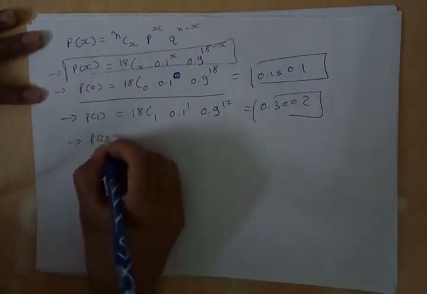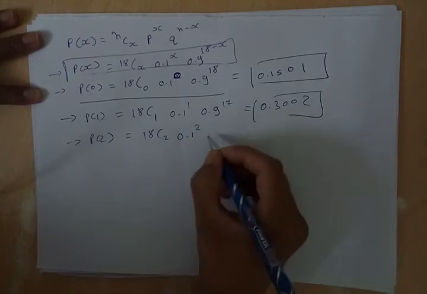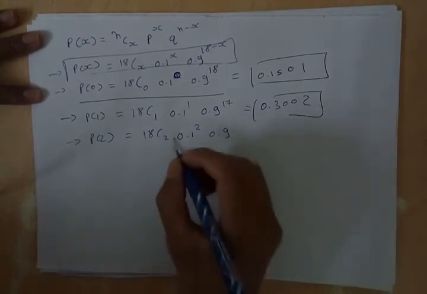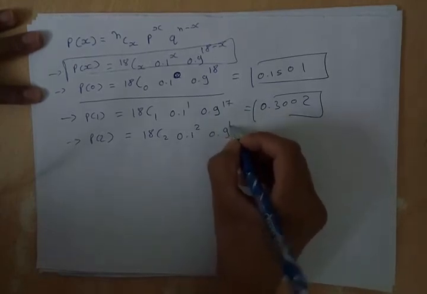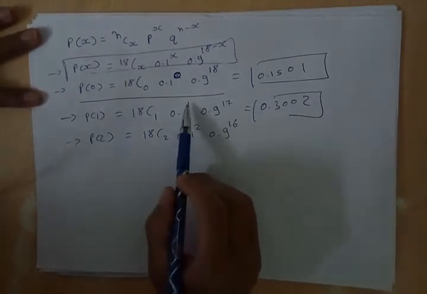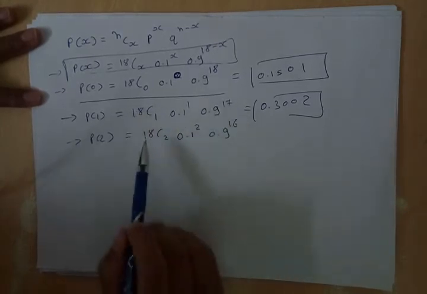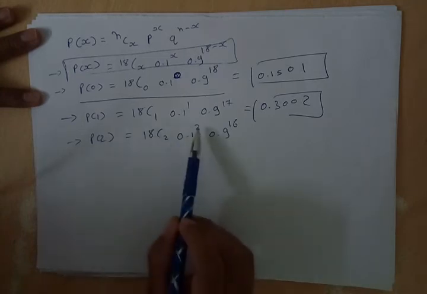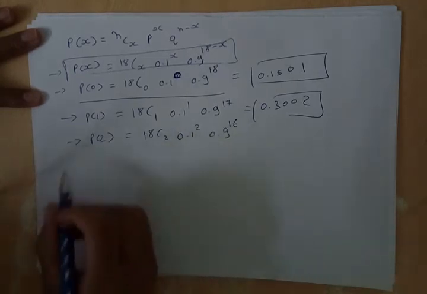Similarly, P of 2 is equal to 18C2, 0.1 raised to 2, 0.9 raised to 18 minus 2, which is 16. If you observe, the sum of these two, 1 plus 17, is equal to 18, and 16 plus 2 is equal to 18.